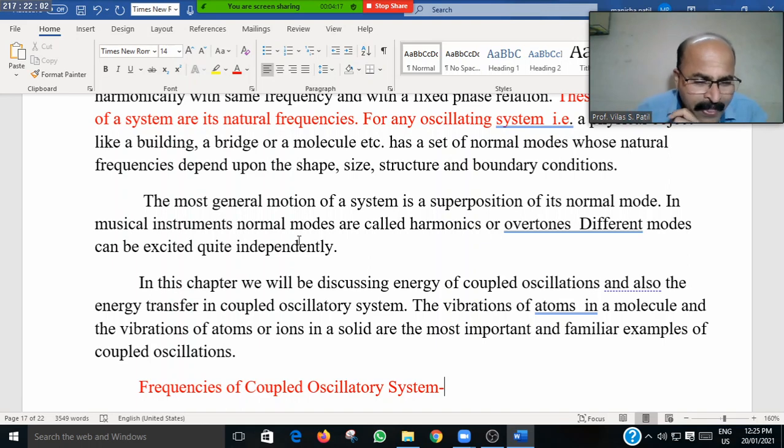Okay, see here, in this chapter on the coupled oscillator, we will be discussing the energy of the coupled oscillation, means the energy of the coupled oscillator, how it can be transferred from one system to another system, and how the coupled oscillatory system can become a complex system, that will be studied in this chapter.